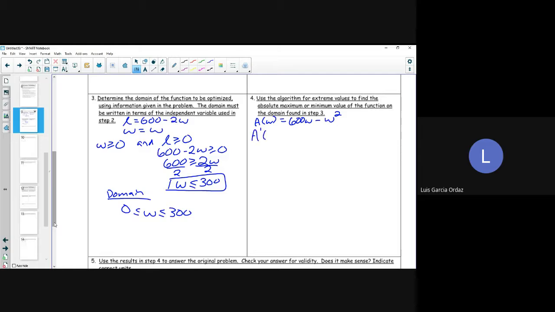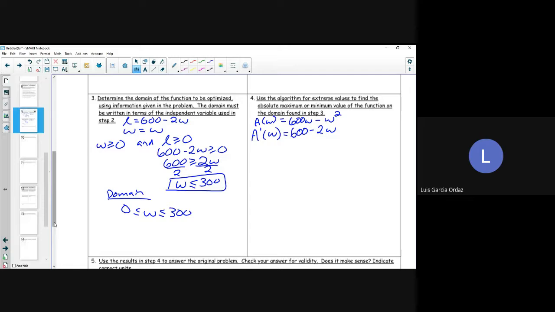So if I take the derivative of A of w, what am I left with? What would my derivative be? So I got 600 minus 2w.